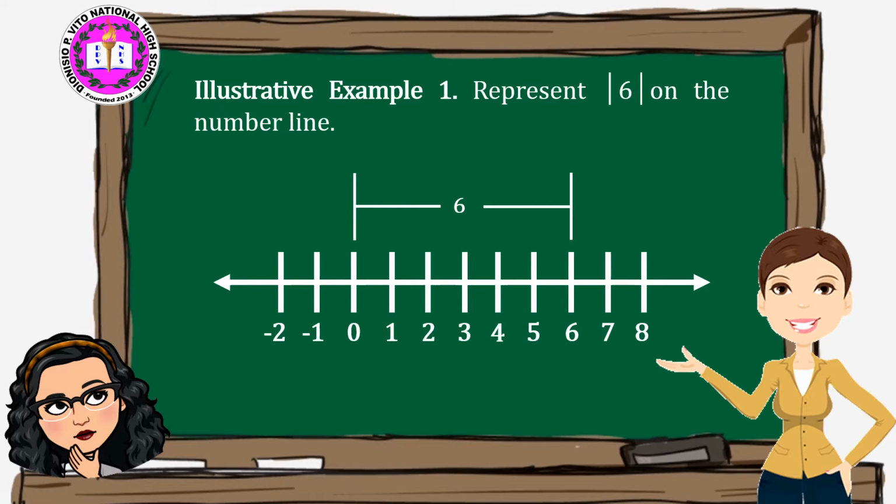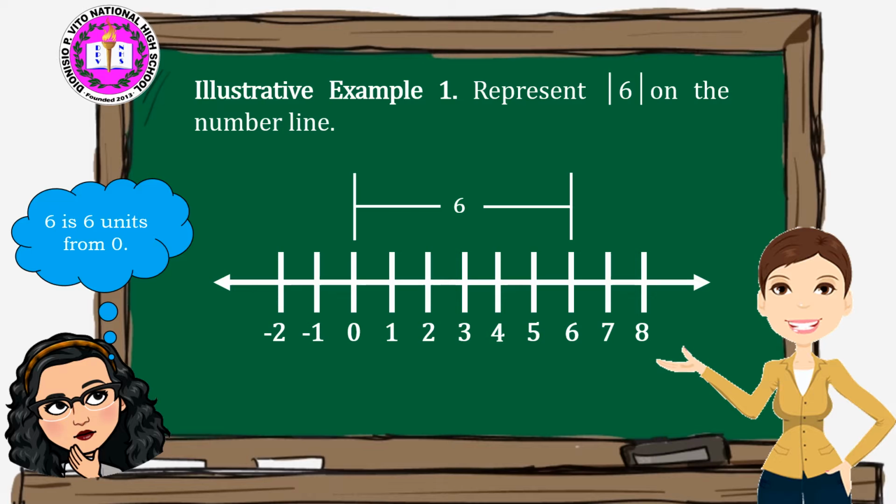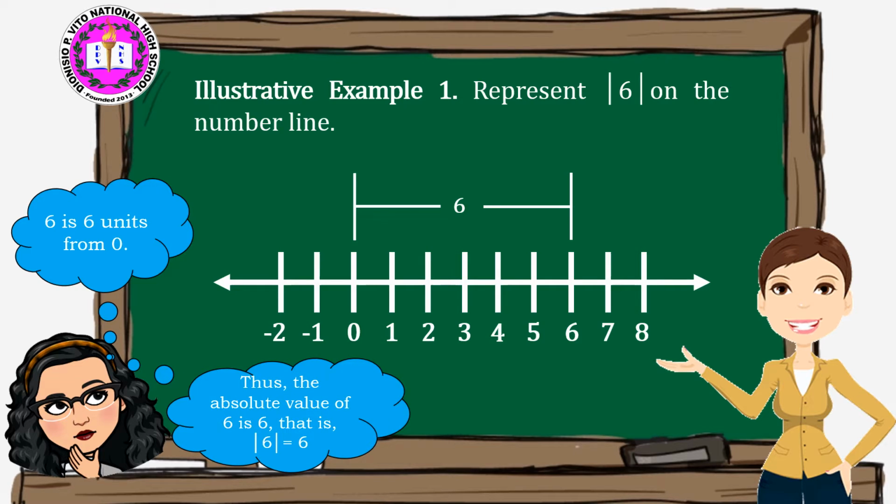So we have the absolute value of 6. So 6 is 6 units from 0. Thus, the absolute value of 6 is 6. That is absolute value of 6, which is equal to 6.